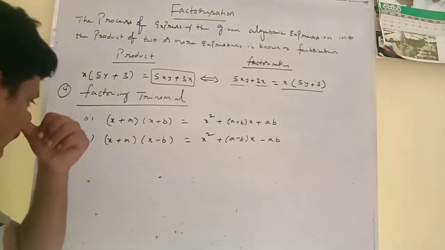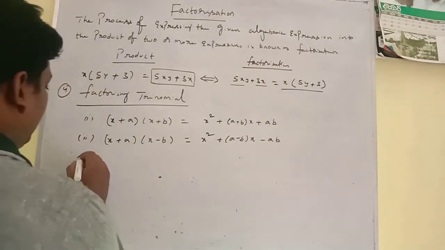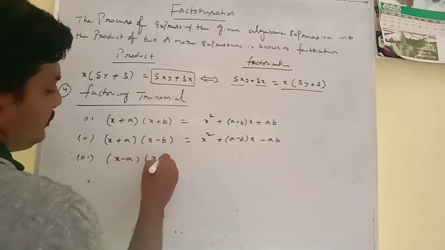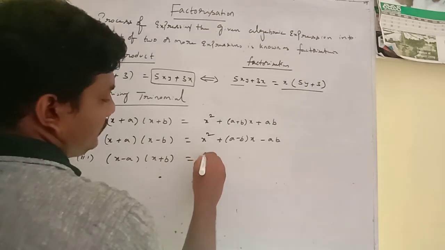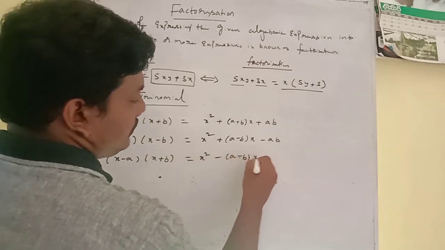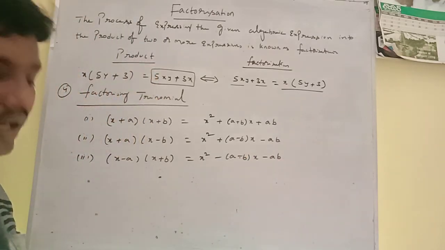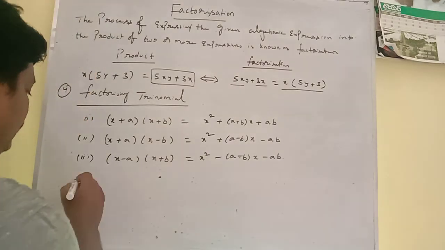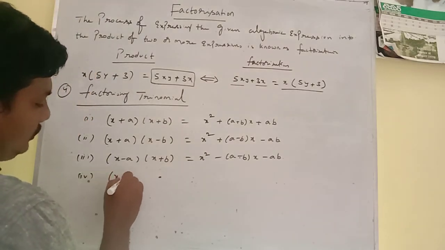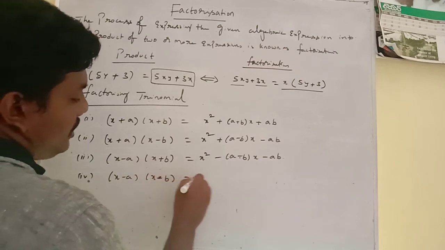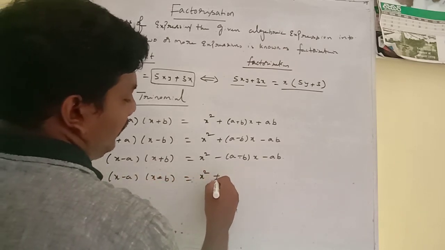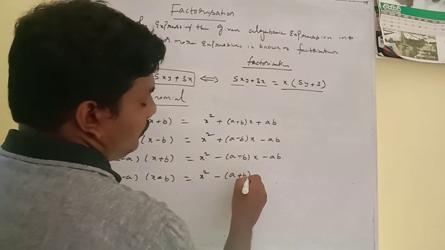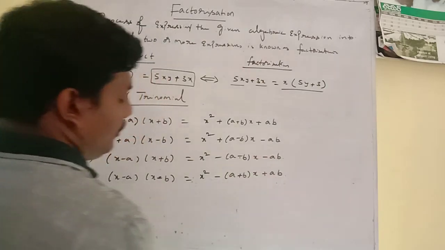Then the fourth formula, x minus a into x minus b is equal to x square minus a plus b into x plus ab.